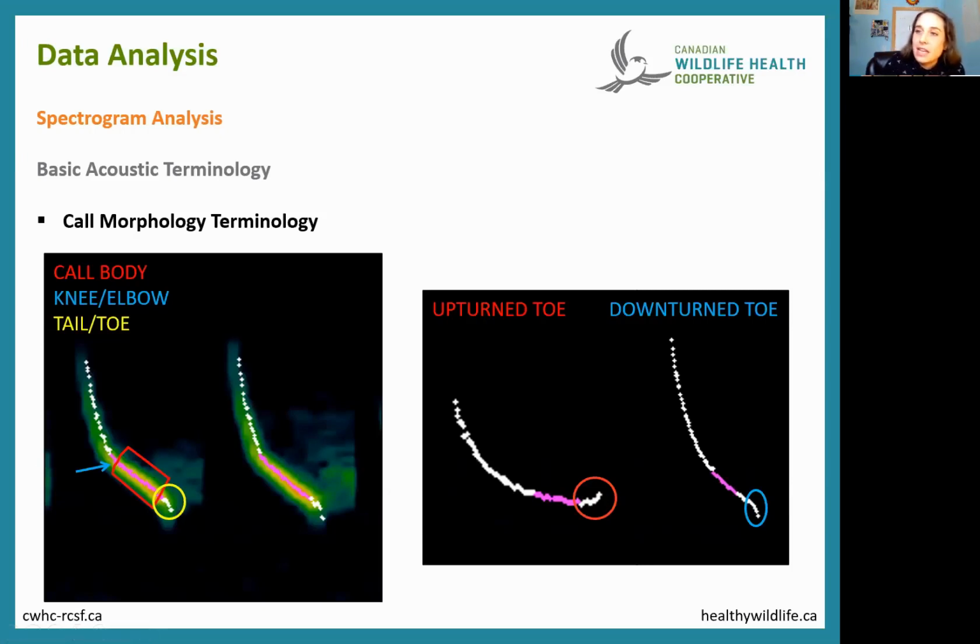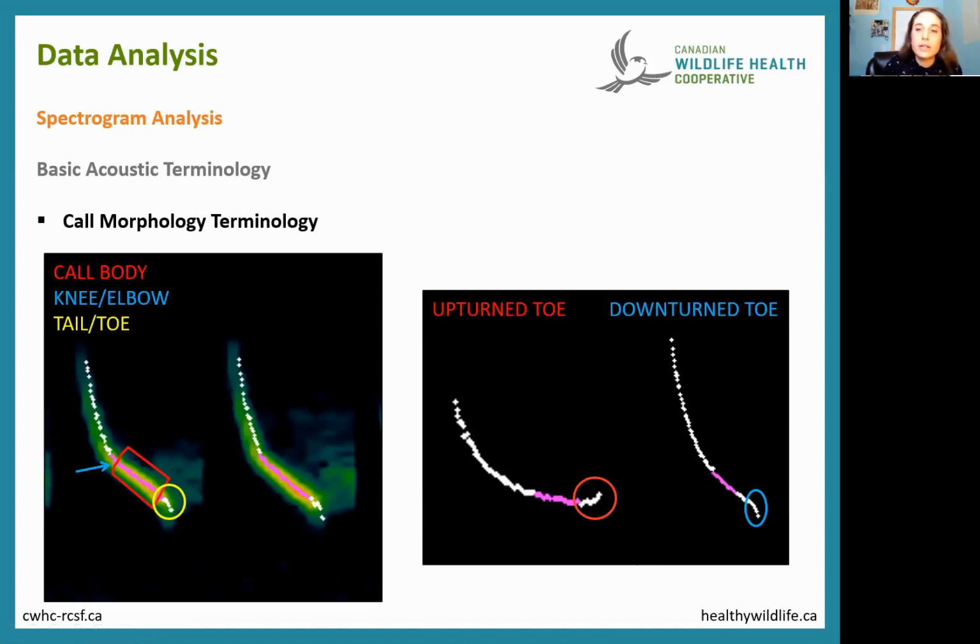You also have the knee and the elbow, or the elbow, I should say, either or. I usually refer to it as the knee, but this is the bend in the call that is sometimes present, and it can either be indistinct, so more of a smooth, rounded appearance, or it can be distinct, so it can look more sharp or angular. I'm pointing to the knee with the blue arrow here. You also can have a tail or a toe.